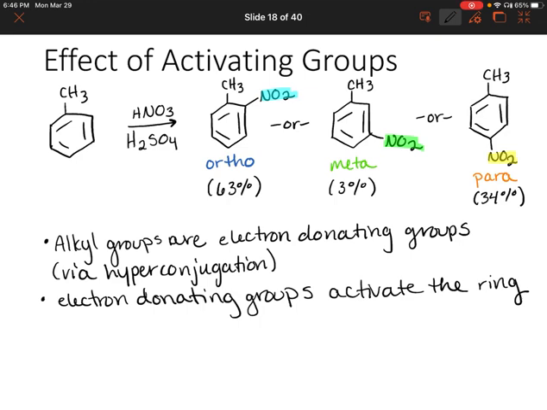Now, if the ring is activated by one of these electron donating groups, that means that a second group would add to either the ortho or the para position. So we say that electron donating groups, or EDG, are ortho-para directors.